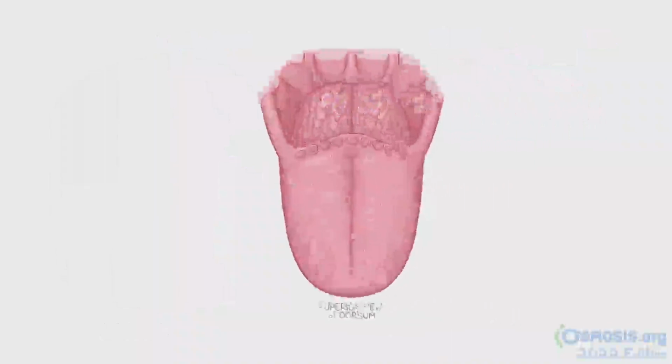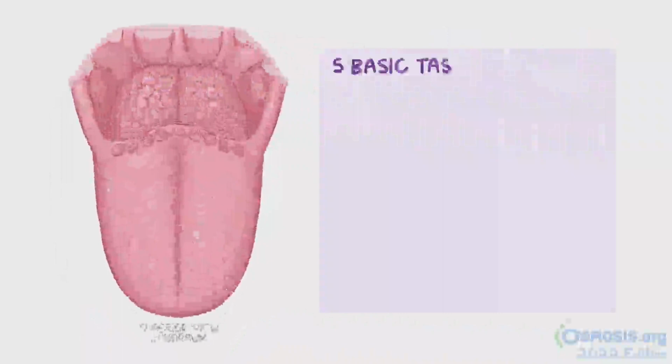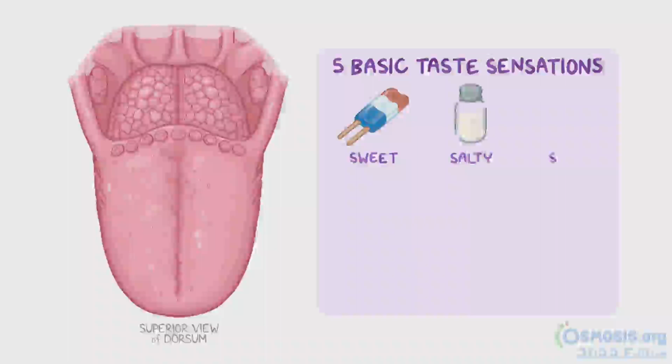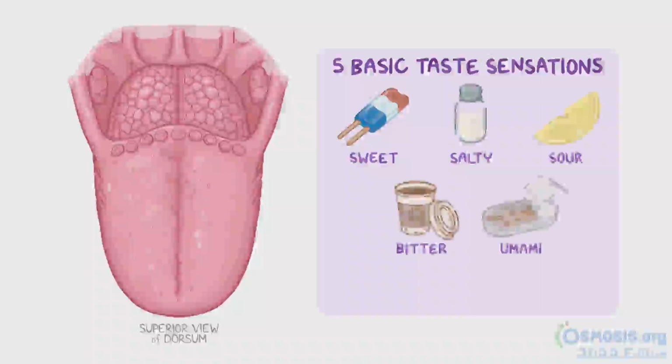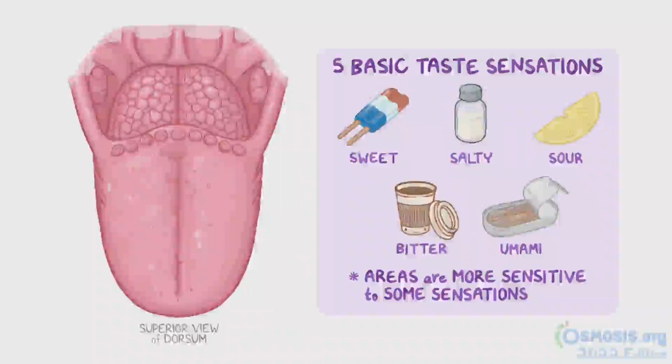Finally, it is also important to note that we have 5 basic taste sensations: sweet, salty, sour, bitter, and umami, with the tongue having areas that are more sensitive to some of these sensations than others. Although all areas of the tongue are capable of detecting each of these 5 tastes, different areas detect these tastes at different intensities.